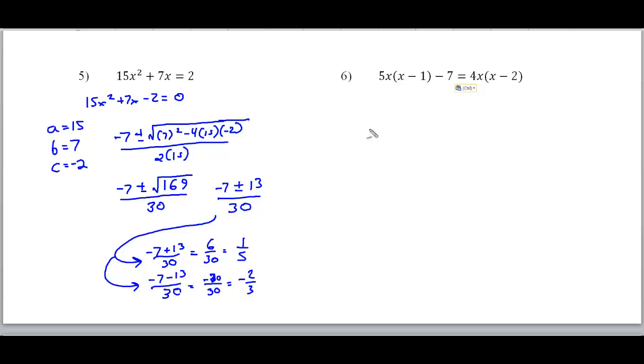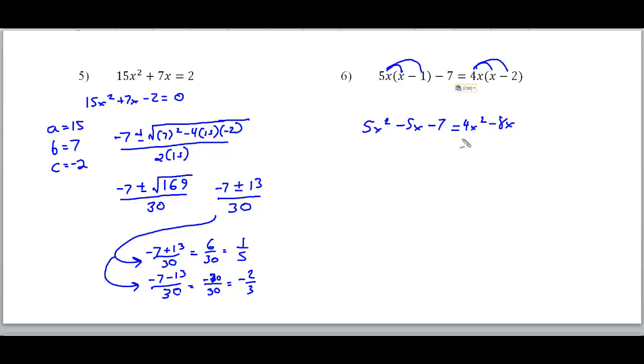Alright, our final problem today is going to deal with this problem that, well, it looks like it still has its little tag here from Microsoft. We're going to do some simplification to get this into the quadratic formula moment. We're going to distribute, so this is 5x squared minus 5x minus 7. And on the right hand side we're going to distribute here, and this is going to be 4x squared minus 8x.